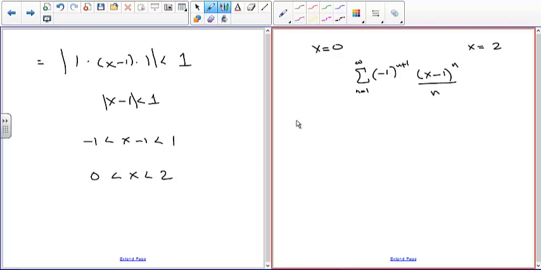So when you plug in x equals 0 into here, you get negative 1 to the n plus 1 times 0 minus 1 to the n over n.